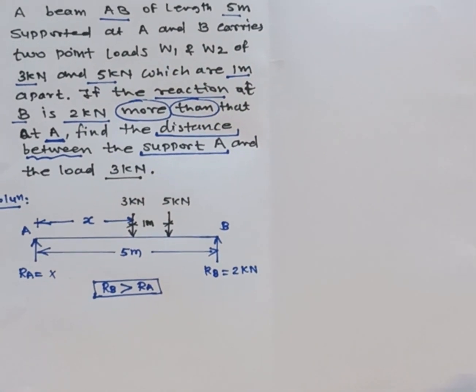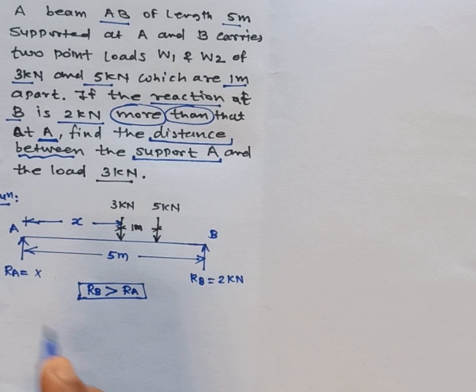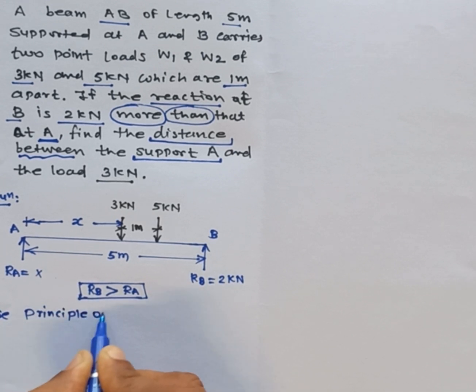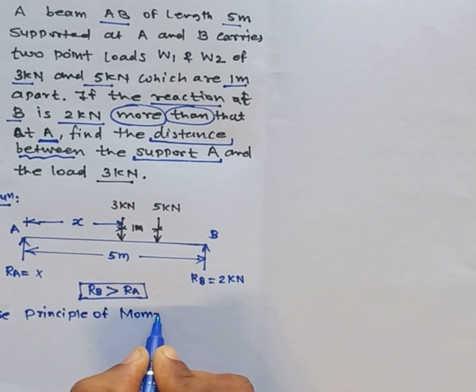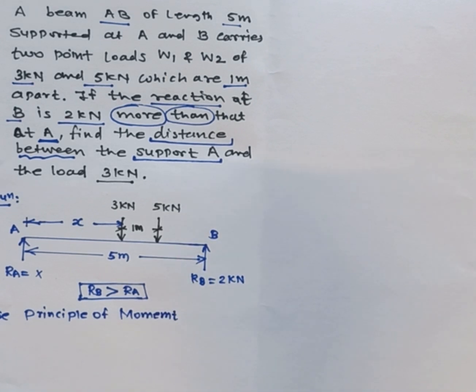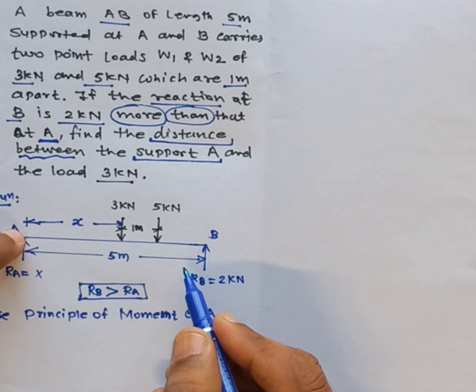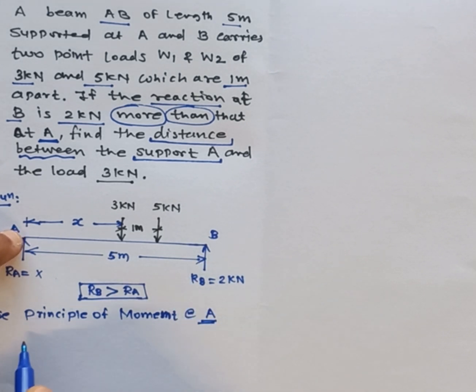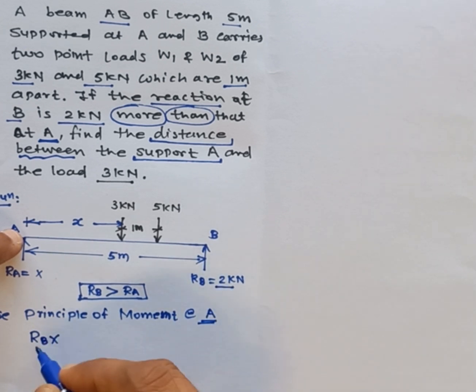So simply using the principle of moments about point A, I am going to take the moment of all the forces about A, with the usual sign. So RB into perpendicular distance 5. RB is 2 kilonewton, but that I will put afterwards.